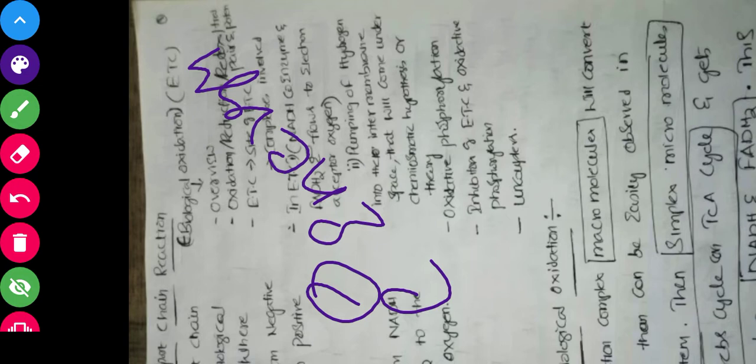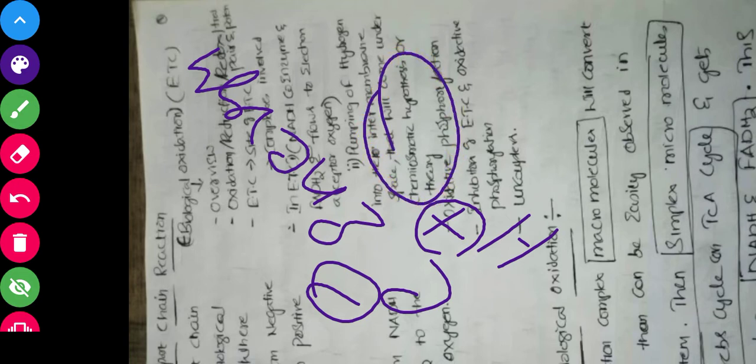Depending upon the energy developed in the complex, the number of protons pushed into the intermembrane space will vary. Due to this, a proton gradient will form. This we will study in the chemiosmotic hypothesis, or the mechanism of ATP synthesis, in the future slides.